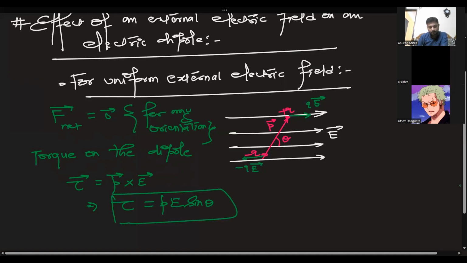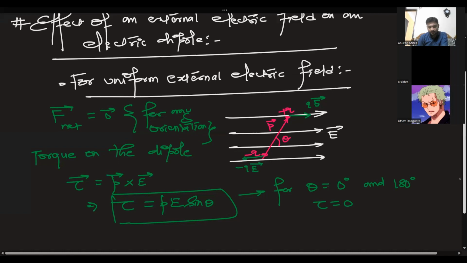So remember that for theta equal to 0 degree and 180 degree, meaning if the orientation of the dipole is along the line of the field, then what will both forces do? They will act collinearly. Both the forces will act along the same line and the torque will be equal to 0. Force was already 0, and now torque also became 0.